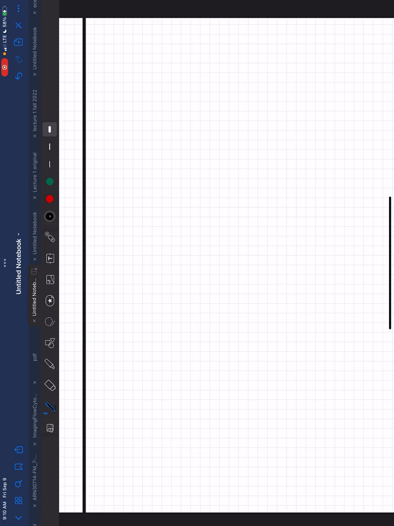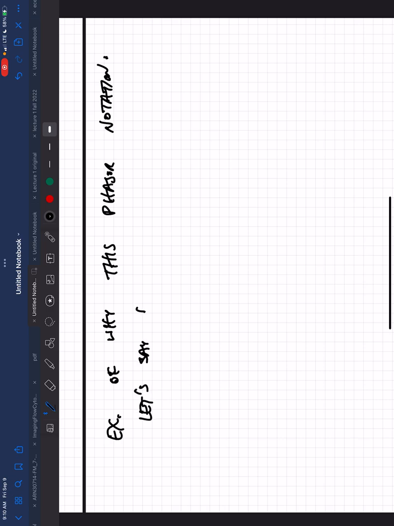So, an example of why this phasor notation. Okay, so let's say I want d by dt of a waveform.